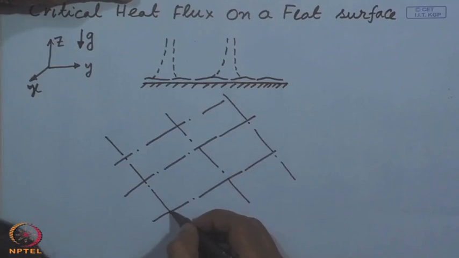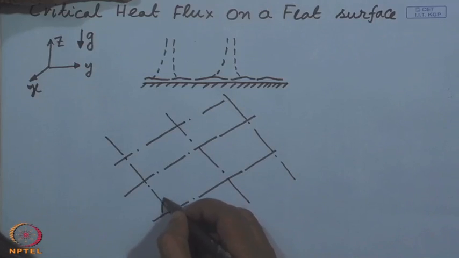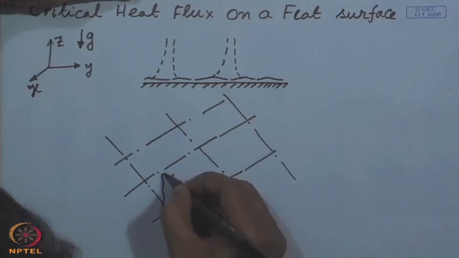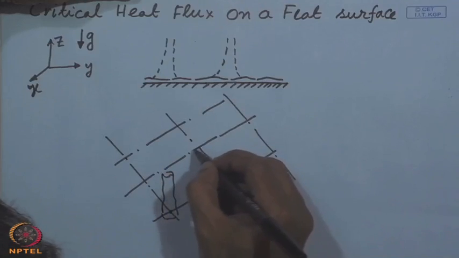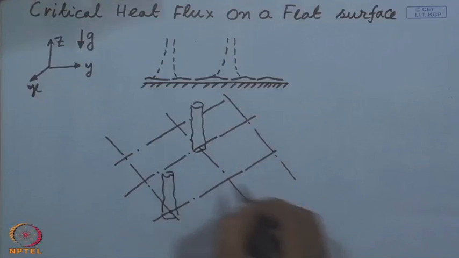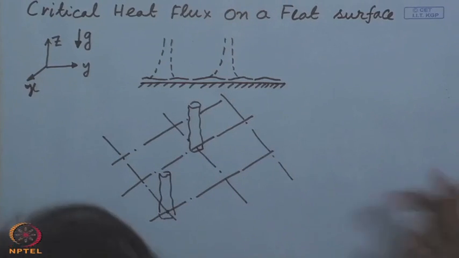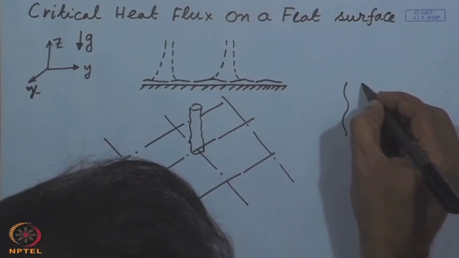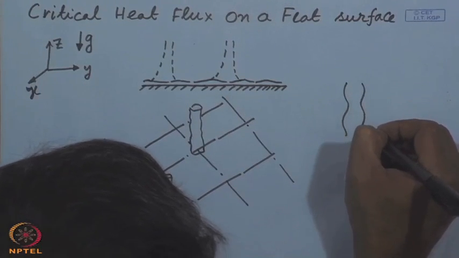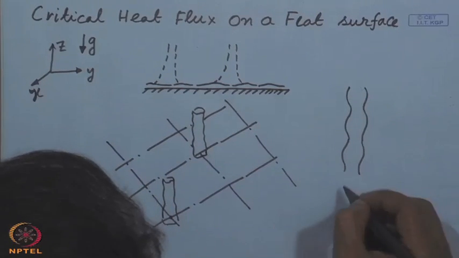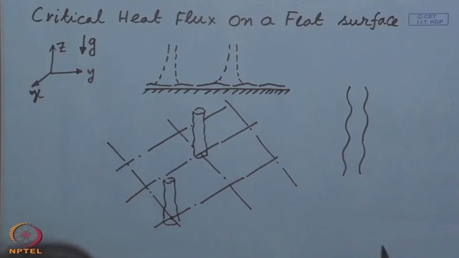That means at this node you will have a vapor jet or vapor column, at this node another vapor column, and similarly at all the nodes. These vapor columns are not straight; they will also have undulations, as shown in this diagram.